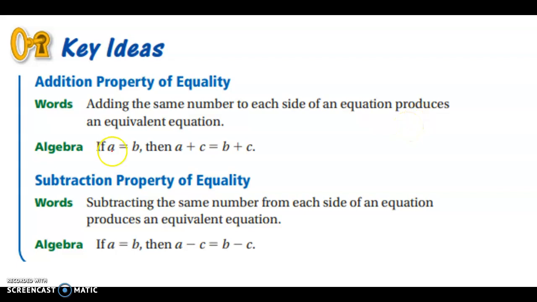So if A equals B, then A plus C equals B plus C. So as long as you add the same number to both sides of the equation, they are still equal to each other. Same thing with subtraction. When you subtract the same number from both sides of the equation, they're still going to be equal to each other.